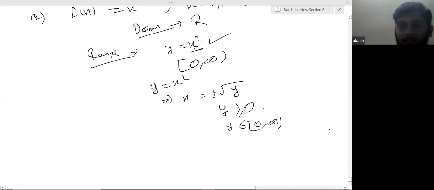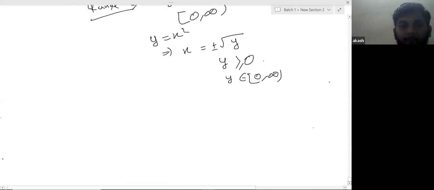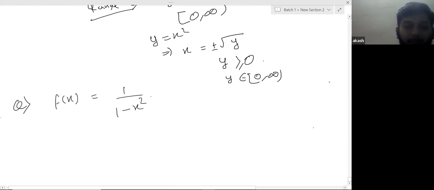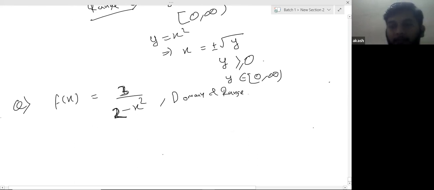Let's start by solving a question. f of x equals 3 upon 2 minus x square. You have to find domain and range.